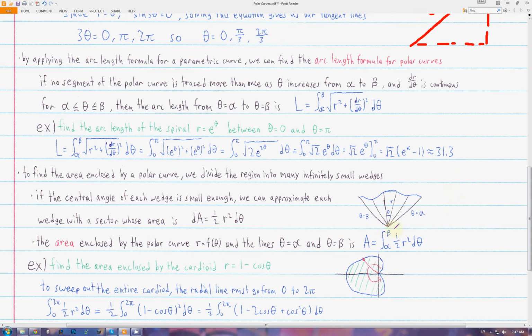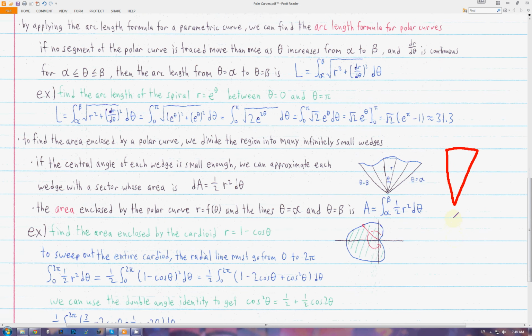So for polar curves, we're going to divide the area into very small wedges, and then we can approximate these wedges as a sector. And we can easily find the area of each sector, because the area of a sector is just 1/2 r squared theta.